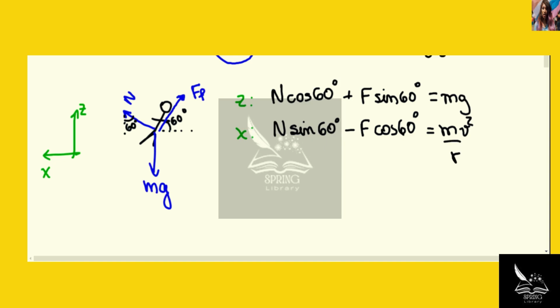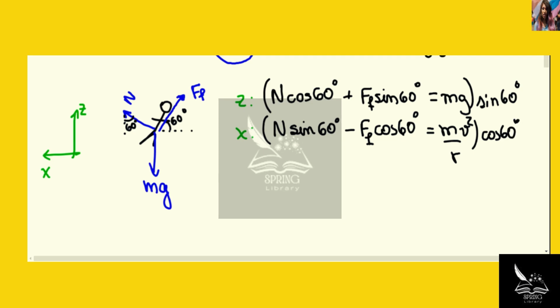And our goal is to find n and f, so we can isolate them in this equation. Notice that we have two equations and two quantities that we want to find out, n and f. So I'm going to solve these equations for n and f. Actually, I'm going to call it ff. What I'm going to do is to multiply the first equation by the sine of 60 and the second equation by the cosine of 60, and then I'm going to sum them.